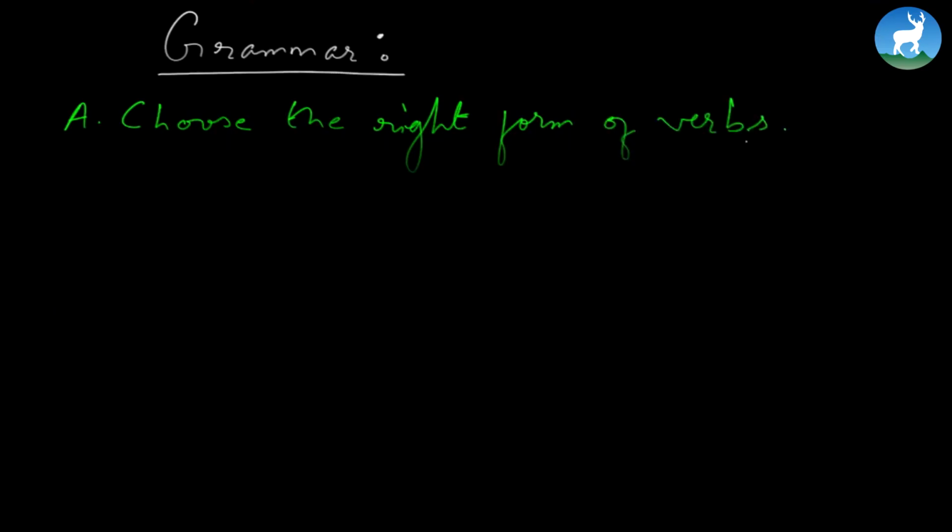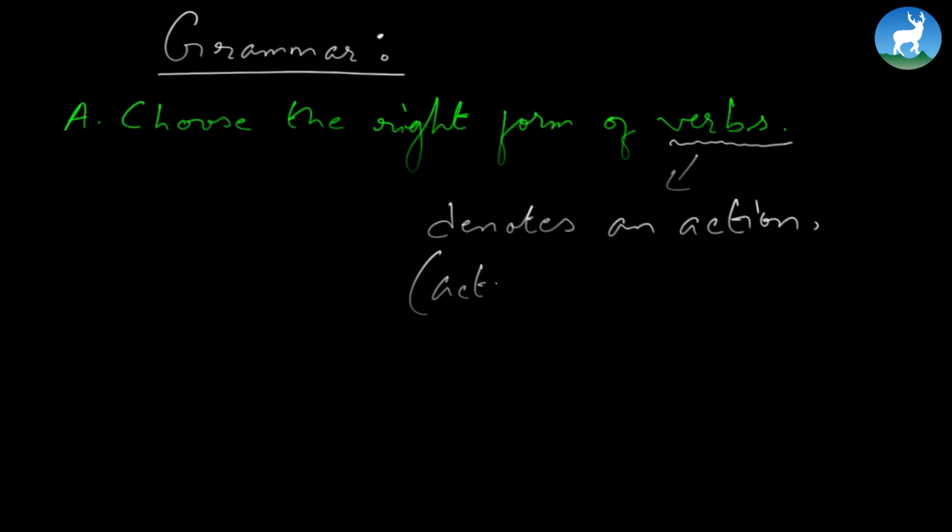From the verbs given, we have to choose the right form of the verb that fits the sentence. But before we begin this, we have to know what a verb is. How do you define it? To speak, a verb usually denotes an action. You can refer to it as an action word.